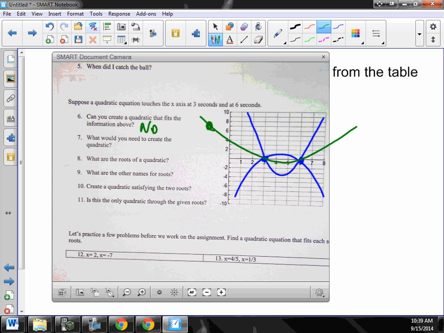Number 9 asks, what are the other names for roots? What are they also called? They're also called zeros or x-intercepts. Either one.